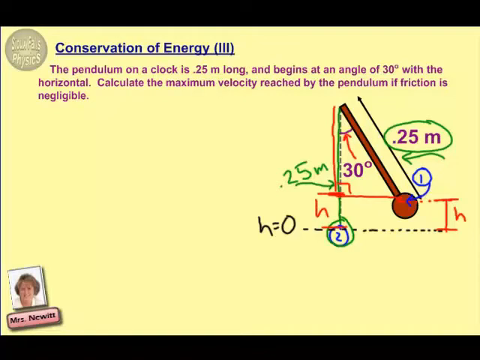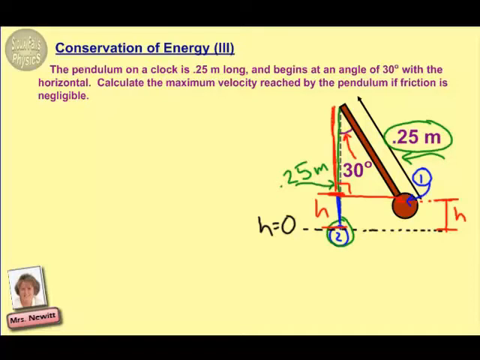So basically we're taking our vertical line here and dividing it into two pieces. One is going to be the height, that's the part right down here, and the other part is this side of the right triangle over here.